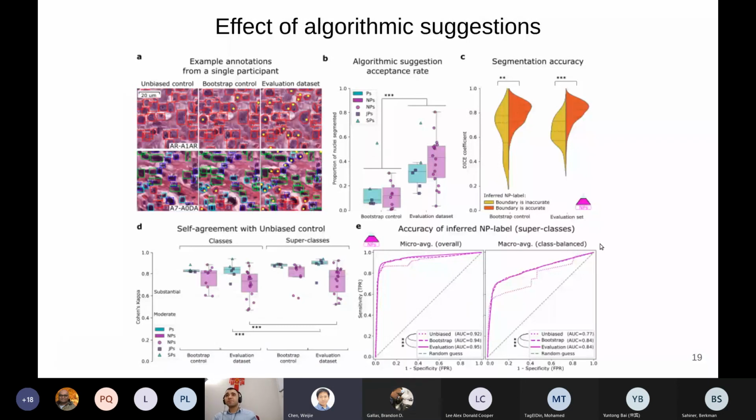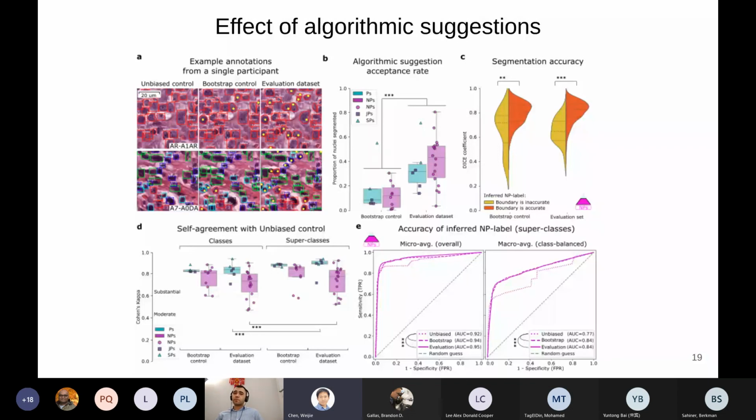Mm-hmm. You have a lot of results. You did a lot of work. I was looking for some specific things here. In the beginning, I remember you showed that there's substantial variability among the pathologists themselves.